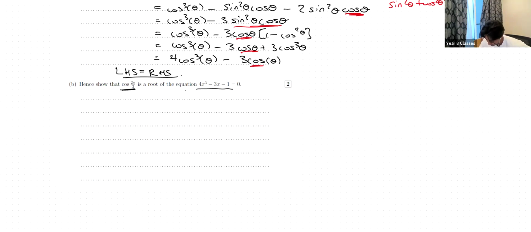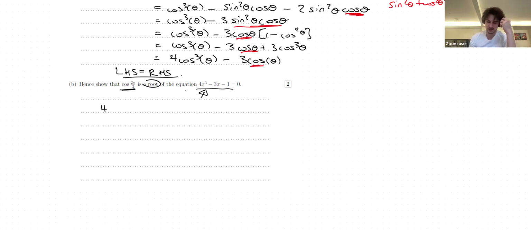Okay, so first thing I'll ask you, what's it going to look like if this is a root and I sub it in? What's the expression going to be over here? It's going to be 0. Yes, it will be 0, but more so if I sub cos 2 pi on 3 in place of x.